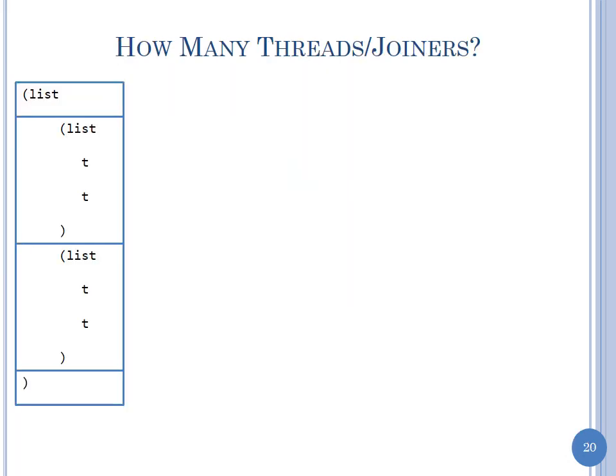So we understand how to do it with runnable and how to do it with lambda expressions. In your assignment, you'll have the choice of using either of them. But let's try to understand what's going on here. Supposing my list is one of these operations that does eager evaluation, and I've got this compound list.